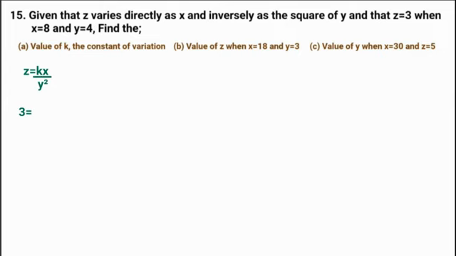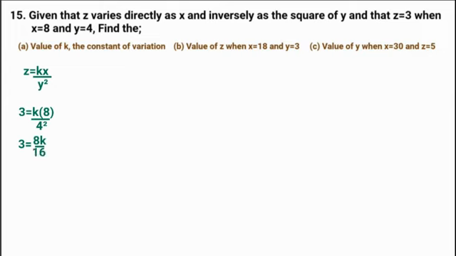The value of x is 8, so k multiplied by 8, over the value of y, which is 4, so 4 squared. So 3 is equal to k times 8, which gives 8k, over 4 times 4, which gives 16.